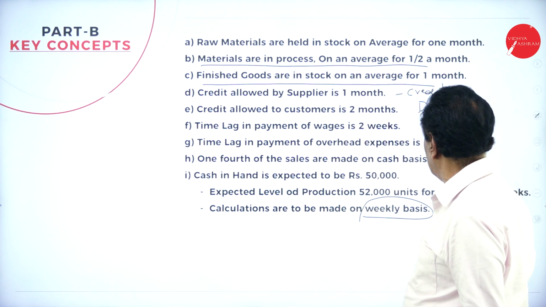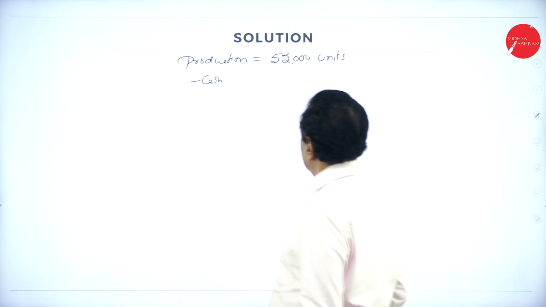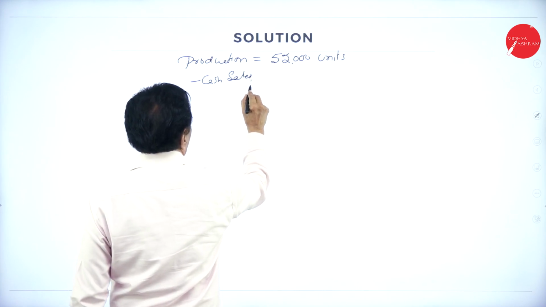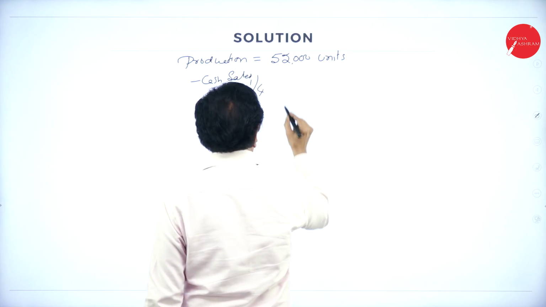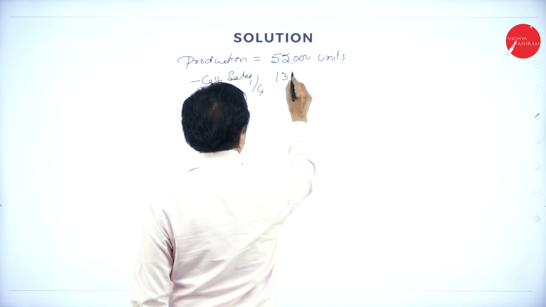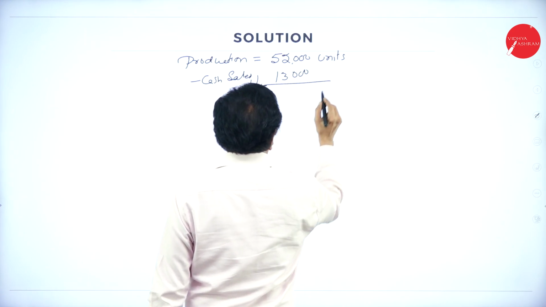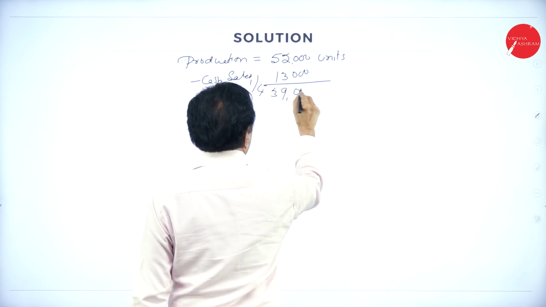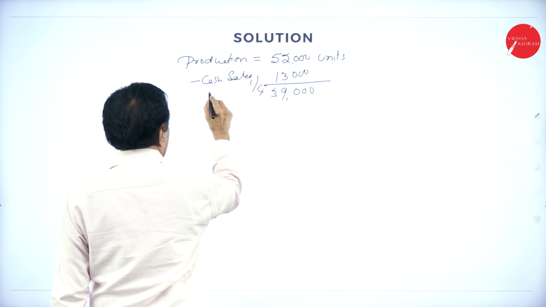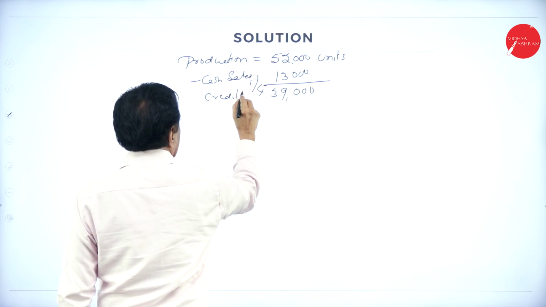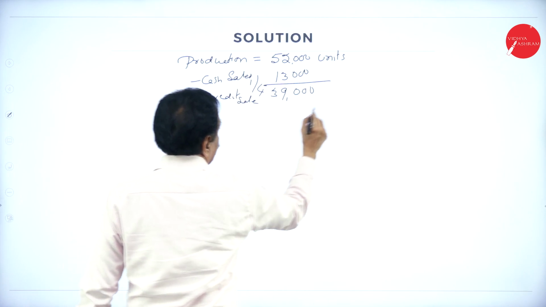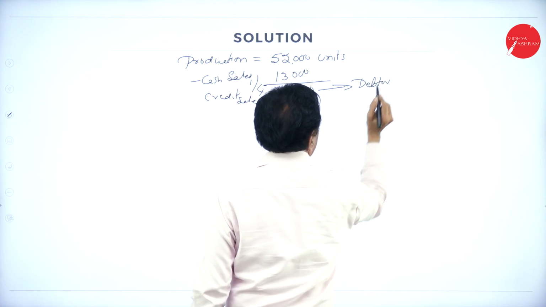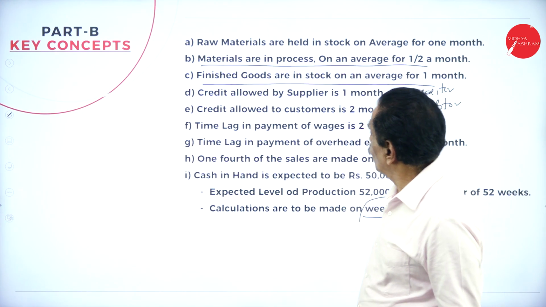One-fourth of the sales are cash sales, so 39,000 becomes the credit sale. This becomes the debtor. So we'll go one by one.